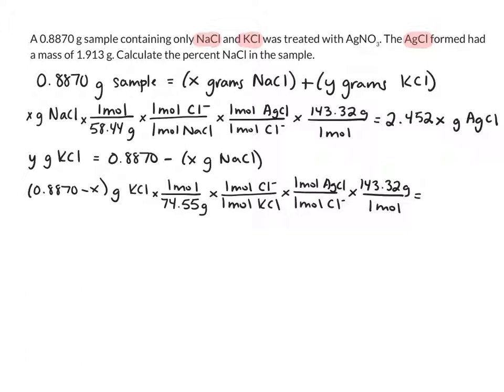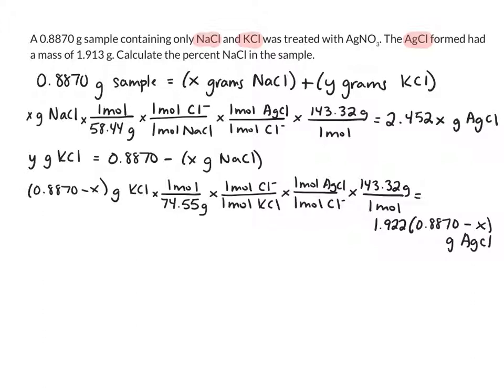Now again, I'm going to take this expression, multiply it by 143.32, and divide by 74.55, and instead of distributing in, I'm just going to leave the division on the outside. It's 1.922 times the 0.8870 minus x, and that's grams of AgCl.